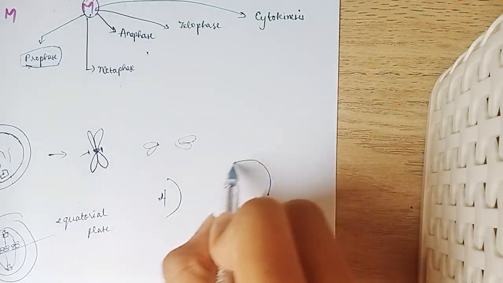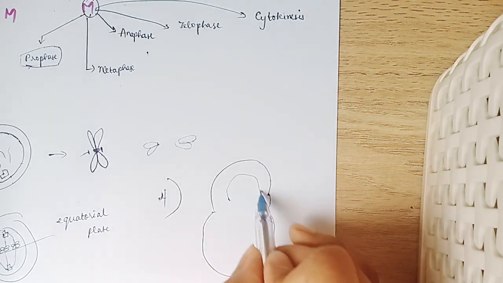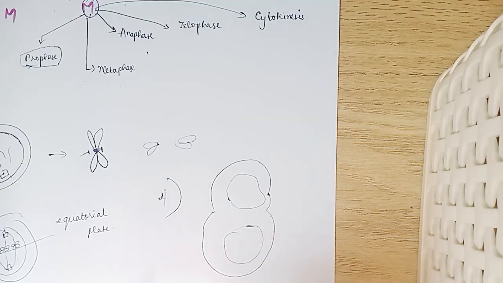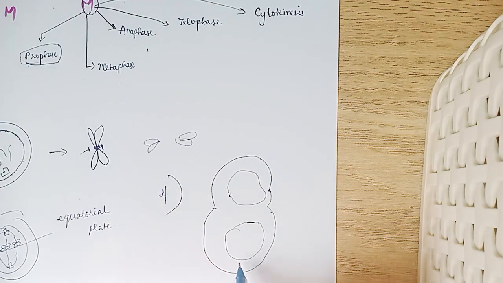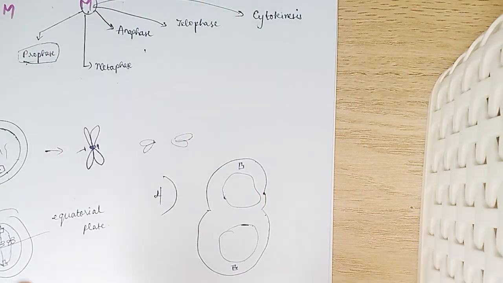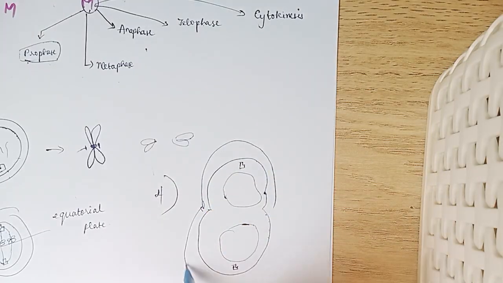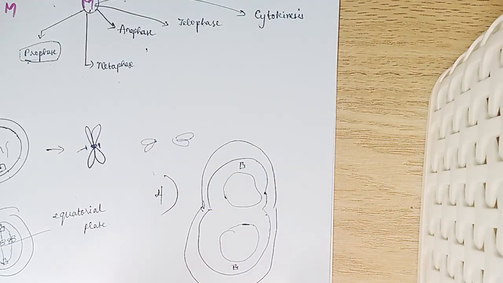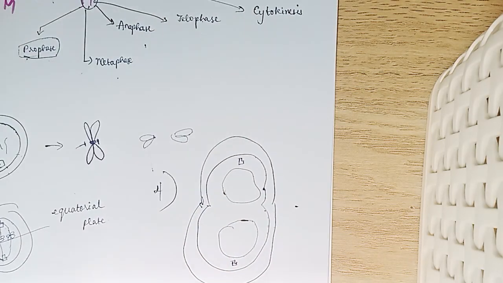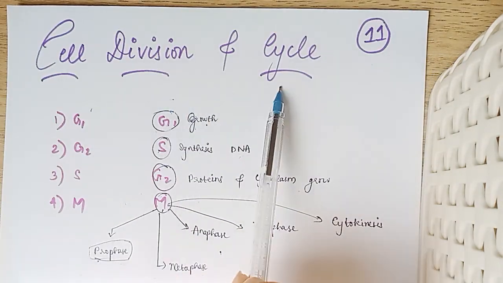So during telophase, let's draw a diagram. This cell starts kind of splitting like this. We can see the centriole still there. This is what you'll see during telophase. So the centrioles start disappearing and then the organelles come back, and then finally the cell splits. So this is what happens during cell division and cell cycle.